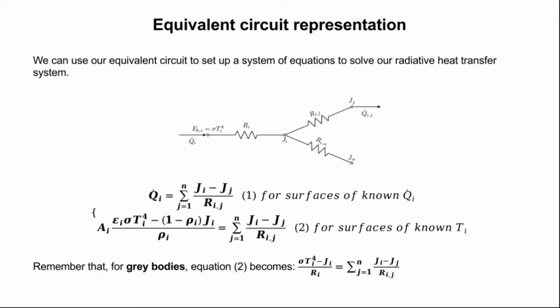If the radiosities are known, we can use this system of equations to find the net radiation rate, or the temperature of each body. Remember that, if body i is a gray body, we can use its surface resistance to simplify equation 2 in the system.